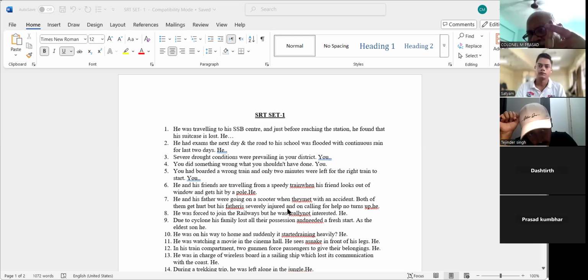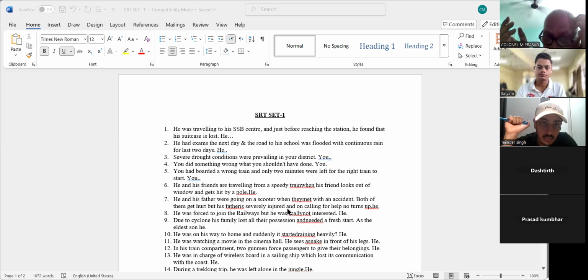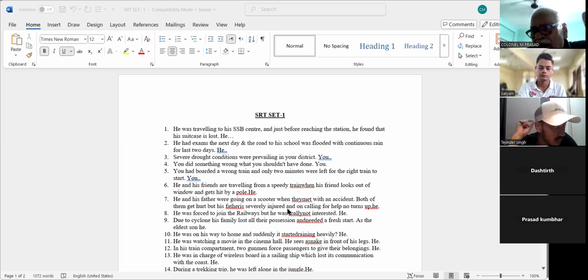Okay. Yes, sir. So both of them must be getting medical help, medical assistance. Rightly put across. So you can say he took the father on his scooter to the nearest hospital, got him admitted, and he himself got the first aid required, and father became okay after some time.